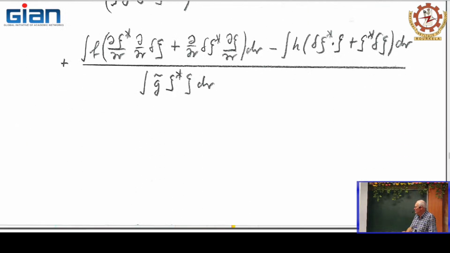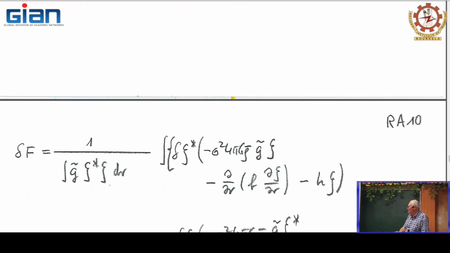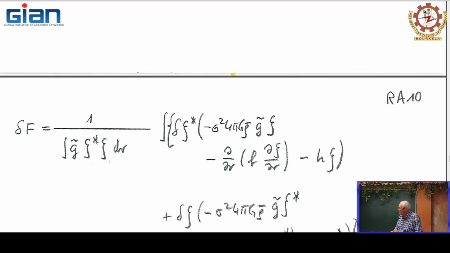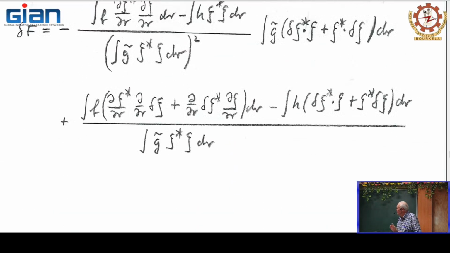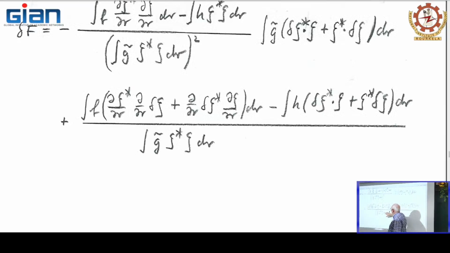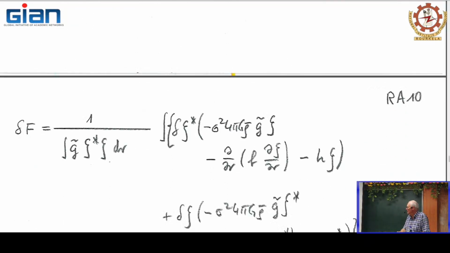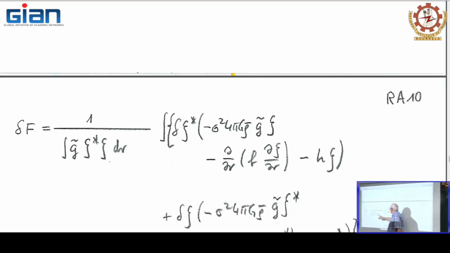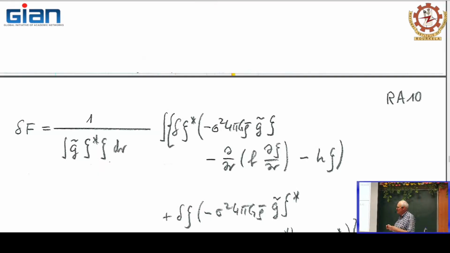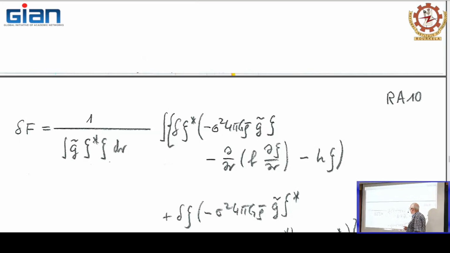And we are left then with the following result, delta f. Well, let's see, then we have a common denominator, which is this part, and we have the following result. Then after some algebra, delta f is 1 over this integral in the denominator times, now we separate according to the variation of delta zeta star and delta zeta. Actually, the expressions are pretty much the same.